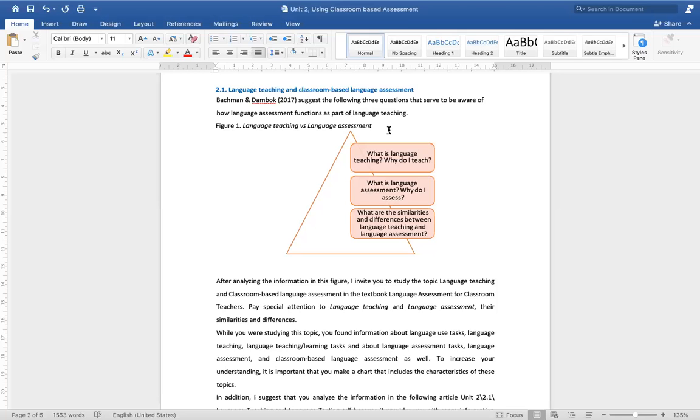It includes, for example, formative decisions, summative decisions. Very interesting information that I encourage you guys to read after class, over the week. You can read all of chapter 2, it's really interesting.